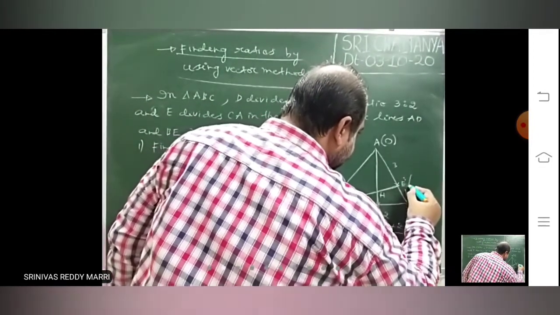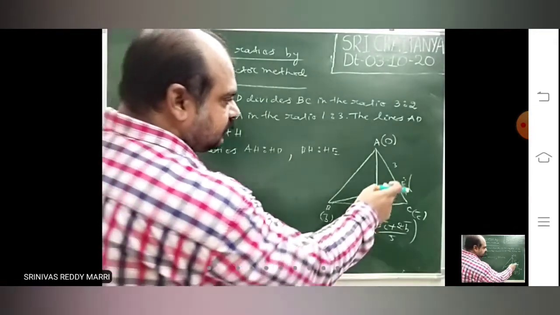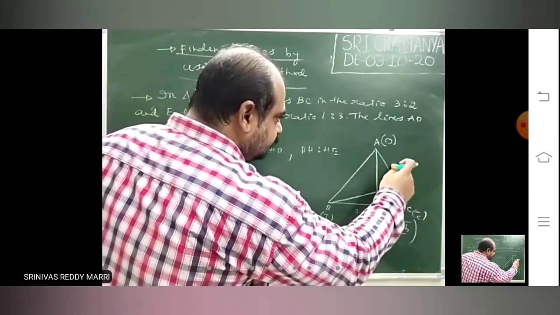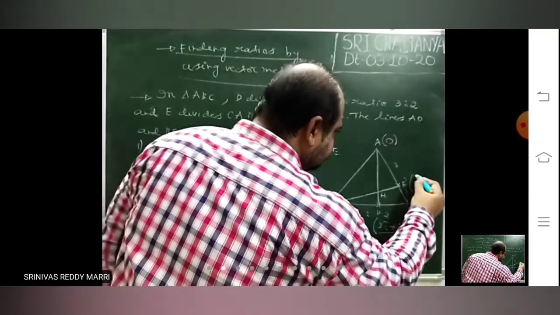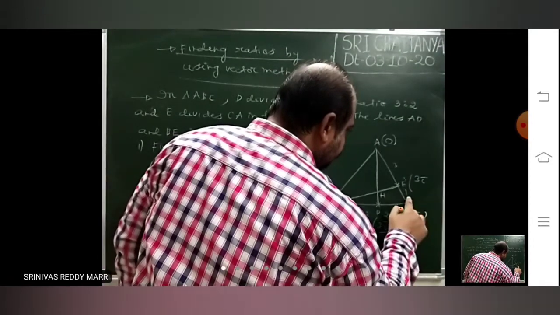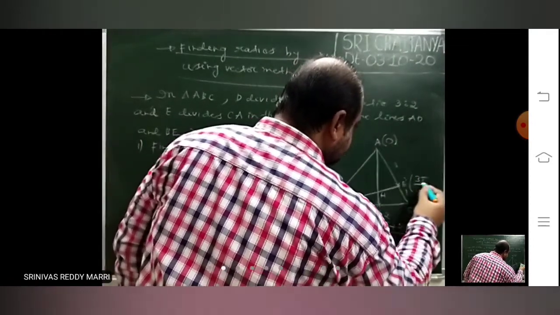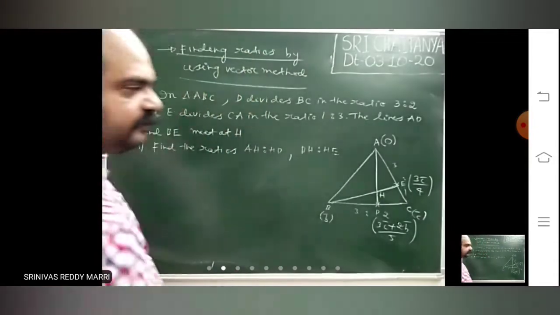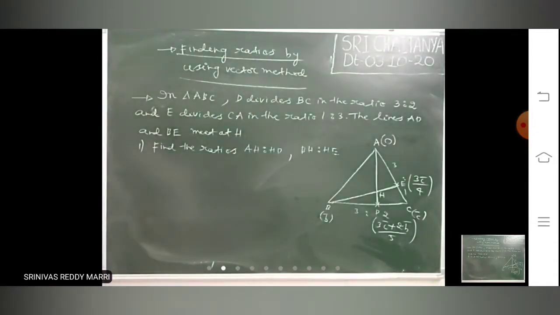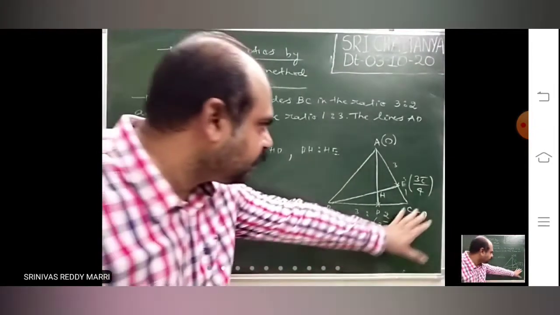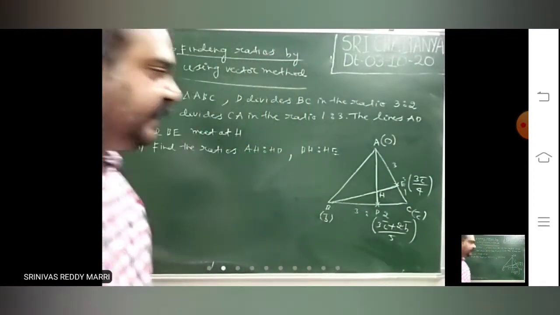Now for E, the ratio is 3:1, so 3 into C bar plus 1 into 0, divided by 4. So E's position vector is 3C bar divided by 4. So the process of position vectors is completed.